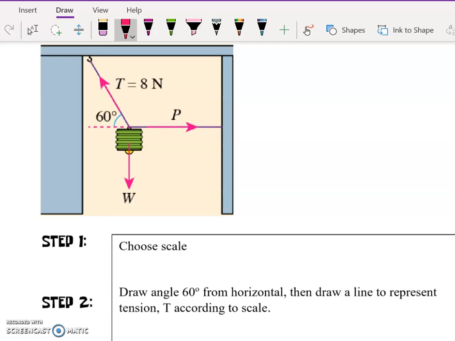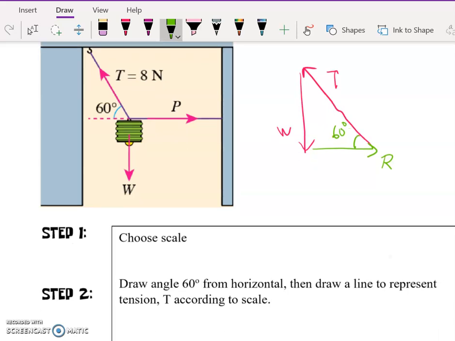So your drawing is going to look something like this. T upward, weight going downward, and P going to the right, 60 degree. So this is your rough drawing.